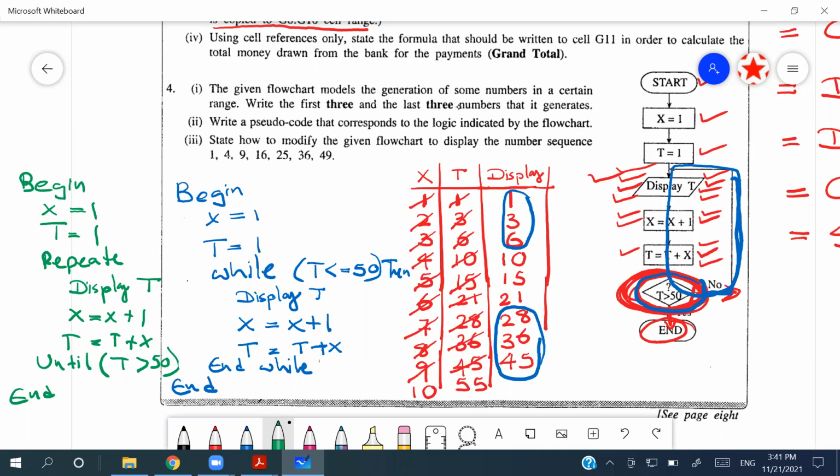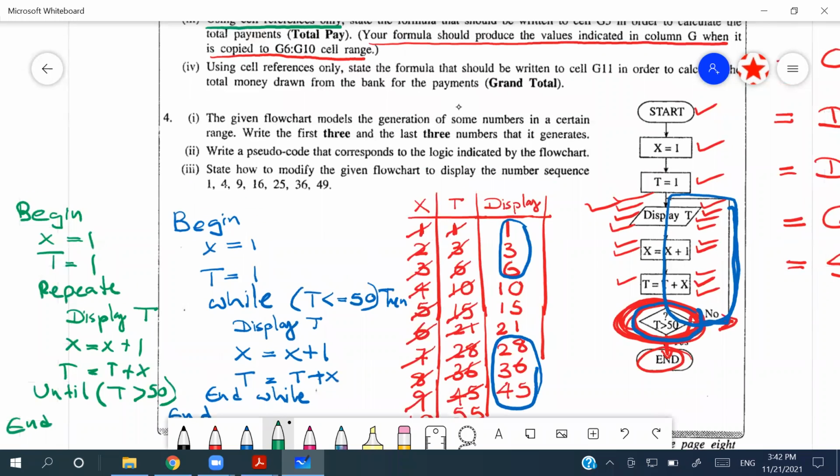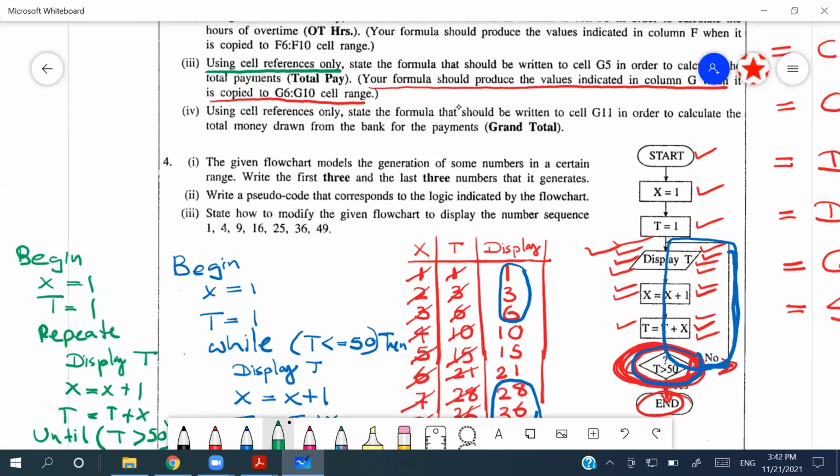And the final one, it is saying state how to modify the given flow chart to display the number sequence as 1, 4, 9, 16, 25, 36, and 49. I'll clear out the things on the flow chart, otherwise you won't be able to see it.